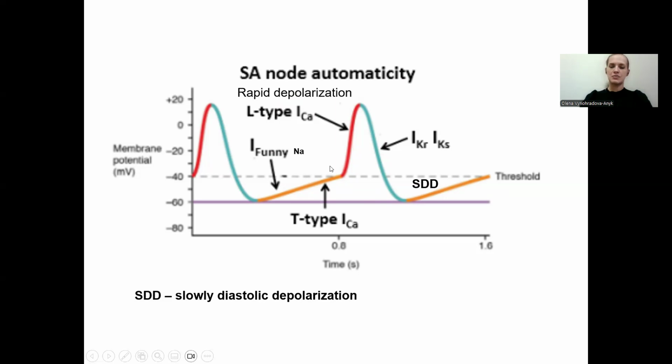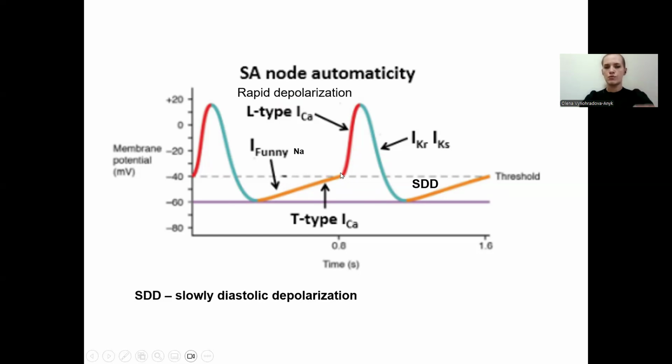Slow diastolic depolarization works because of T-type calcium channels and funny sodium channels. These channels induce depolarization from -60 to -40.